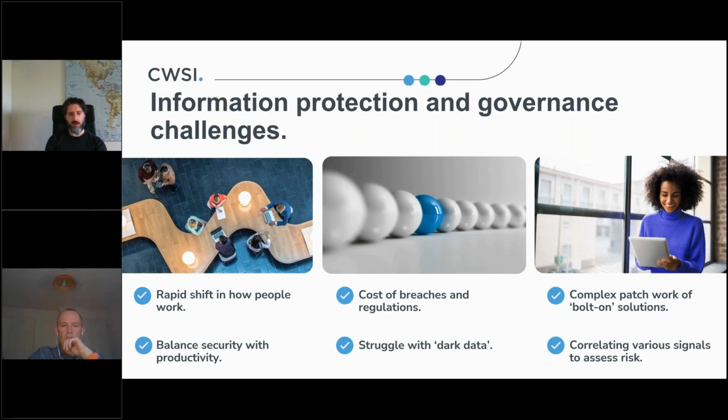There's also a struggle with what we call dark data. So for example, many of us might have structured databases that have very good, strong controls on them. They're managed, their data is tagged, and we have a good data model and understanding of what data is in those databases. But a huge amount of data is in what we would call dark or unstructured data. It's living inside emails, in Teams chats, in SharePoint, in OneDrive, it's proliferating across maybe Azure infrastructure.